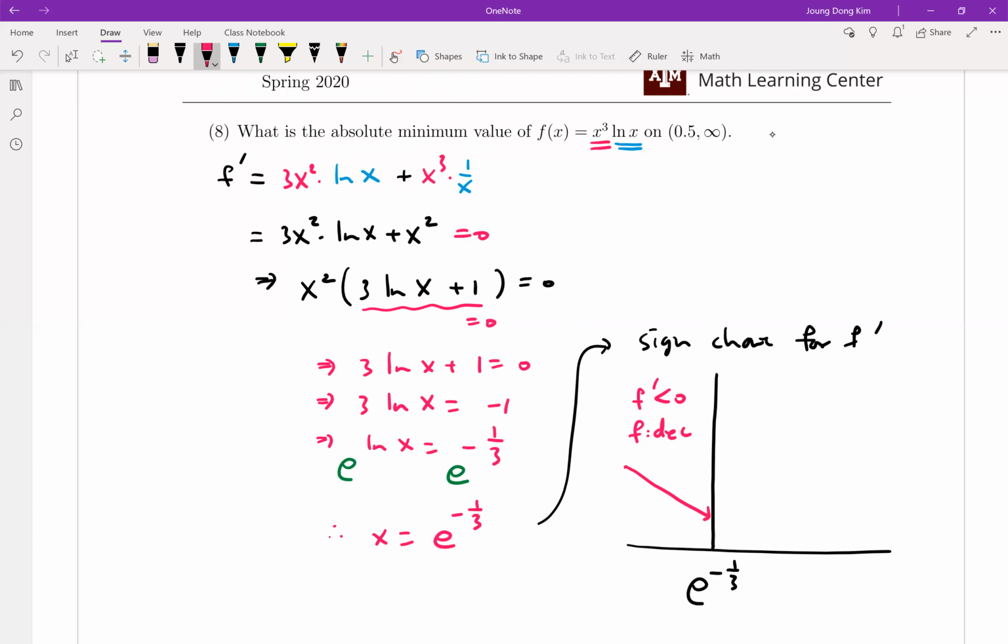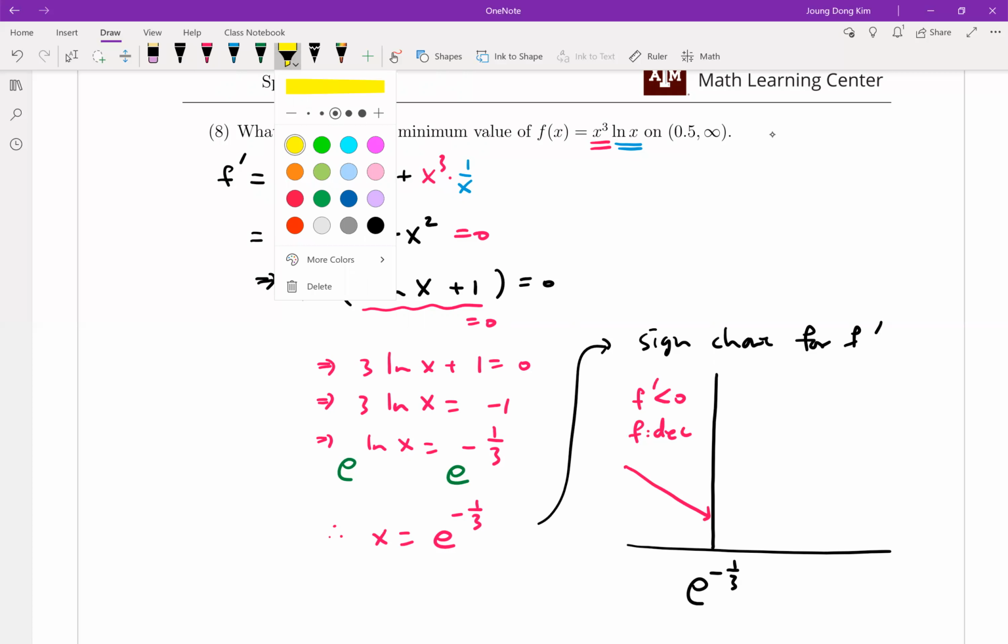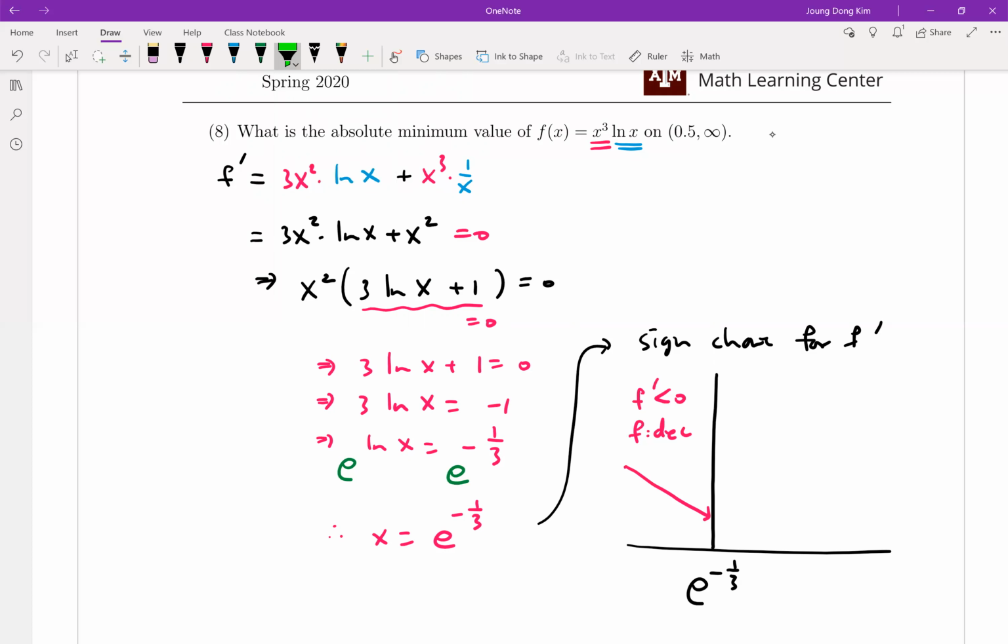Oh, wait a minute. Let's do this again. Whenever you plug in any value between 0.5 and e to the minus 1/3 into my f prime, I'm talking about this one. I can use this one because I never changed any sign.